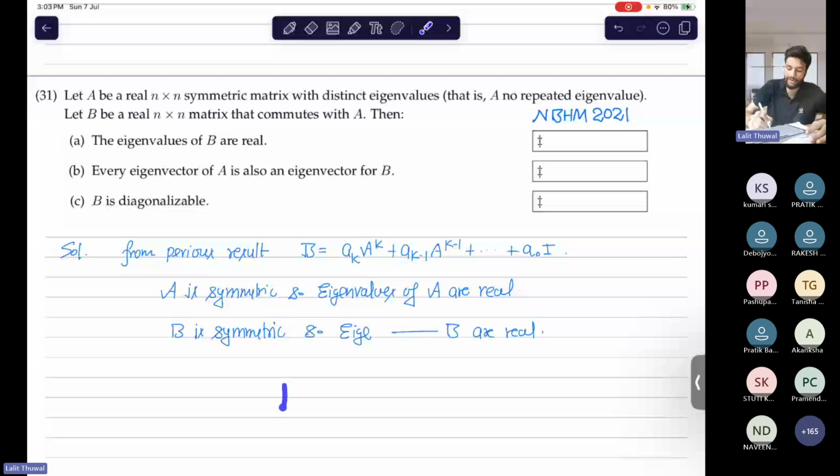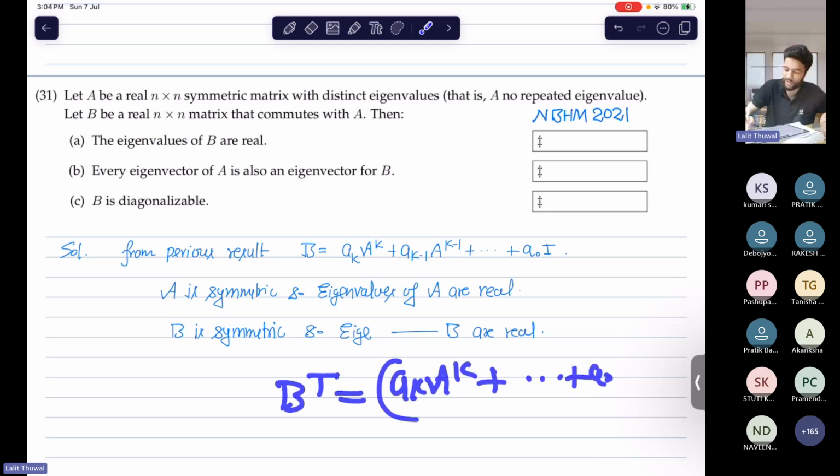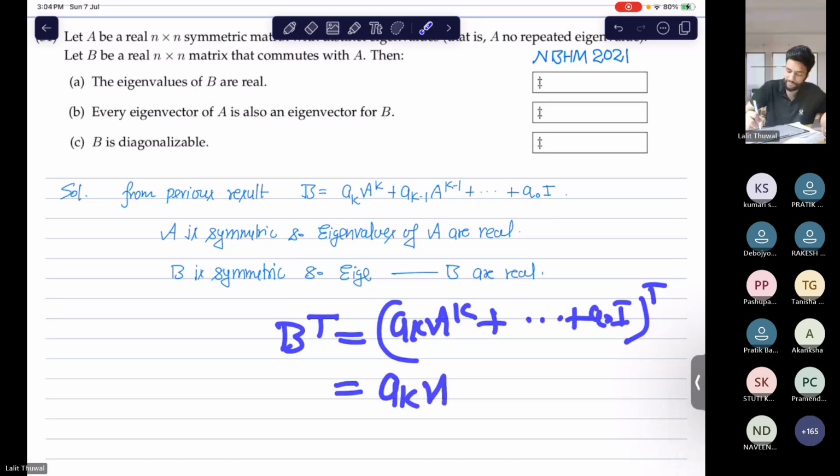Because if you see the transpose of B, it comes out to be the transpose of this polynomial, and the transpose of this polynomial is the same polynomial. So B is also symmetric. There are other ways to see that eigenvalues of B are real also. If A is a symmetric matrix, then any polynomial in A is symmetric. So you learn this thing also. I have used it.